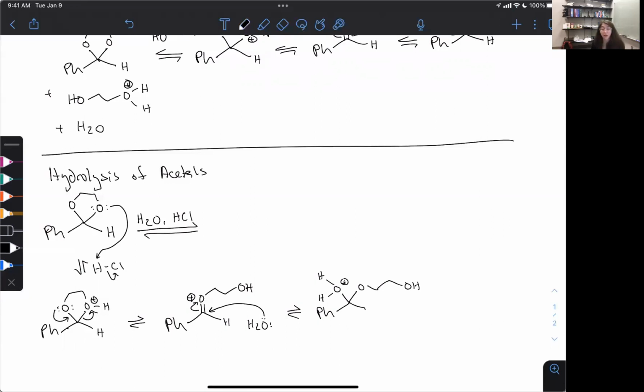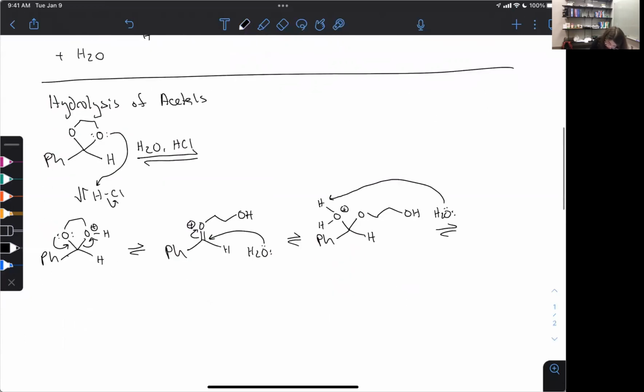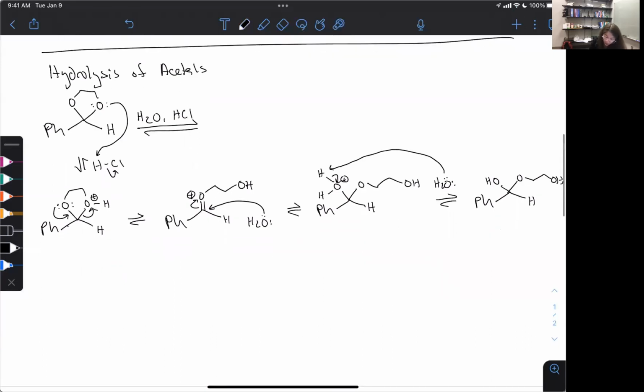Okay, so I have my protonated intermediate now. We can go ahead and use water to deprotonate that. Then we know that we're trying to get this to leave, so we're going to protonate that.